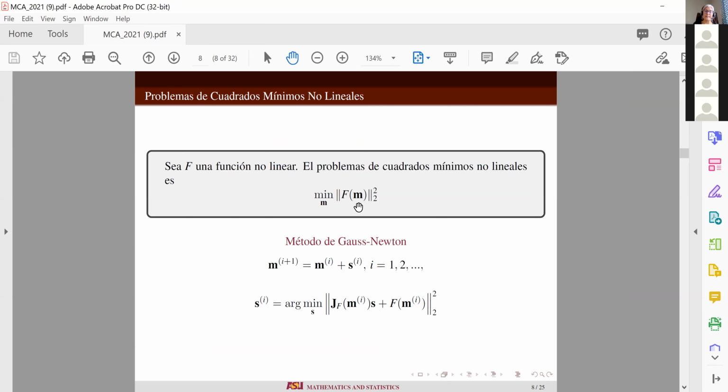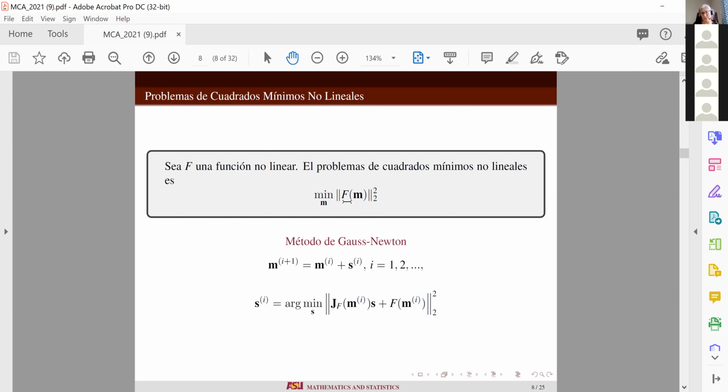So for instance, in general, when we have a nonlinear function here, but we have the 2 norm of that, how do we solve a problem like that? Well, one approach is to use the Gauss-Newton method. Basically, it's an iterative method where the idea is to linearize.